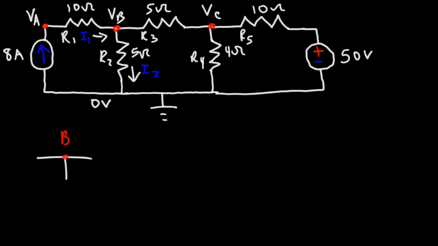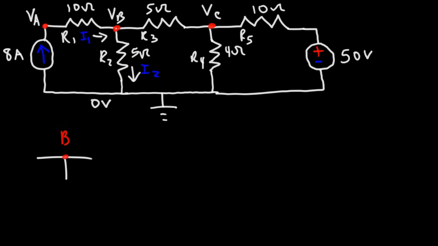Now I3, that's going to be a little tricky. Is I3 traveling from point B to point C, or is it going from point C to point B? How can we tell? Because there's 2 different energy sources that will want to push the current in different directions. We have the current source of 8 amps and the voltage source of 50 volts.